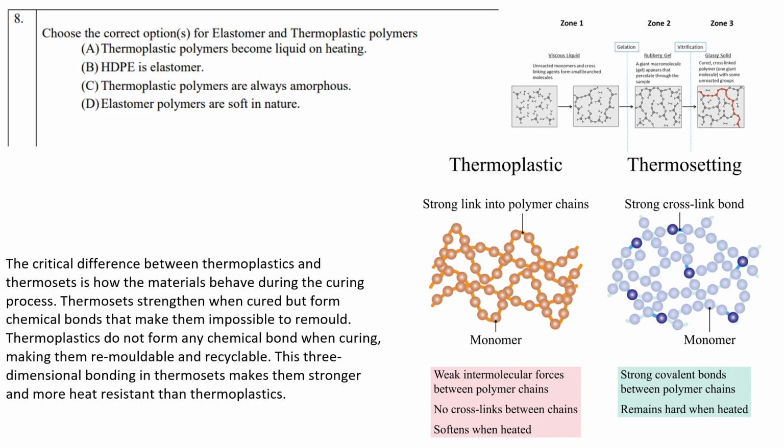For the physical difference between these two, thermoplastic and thermoset, how the materials behave during heating, when it is heated, only then can we differentiate between these two particular polymers.